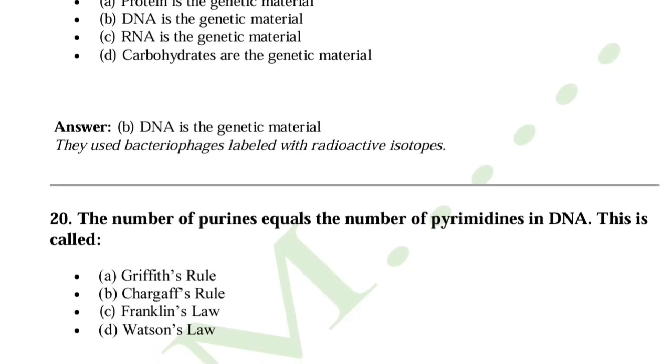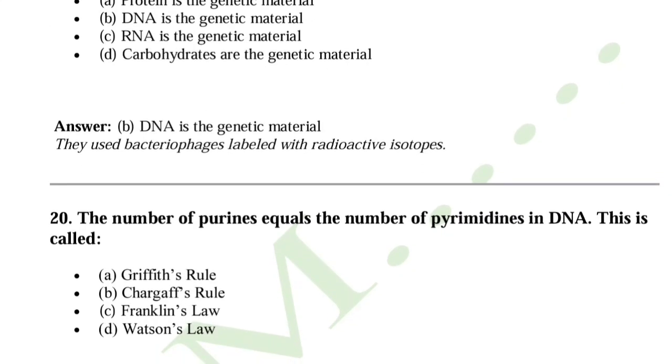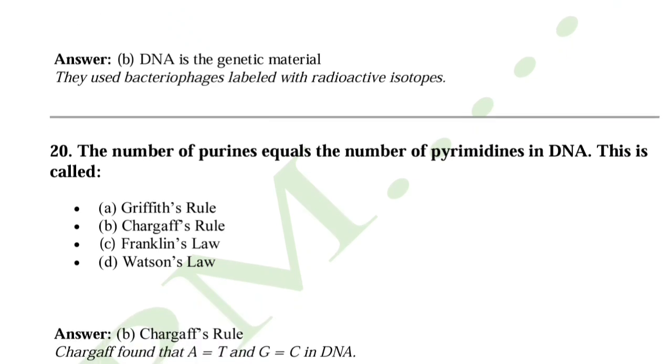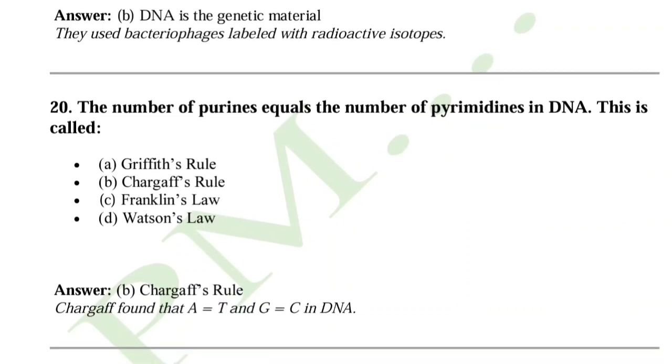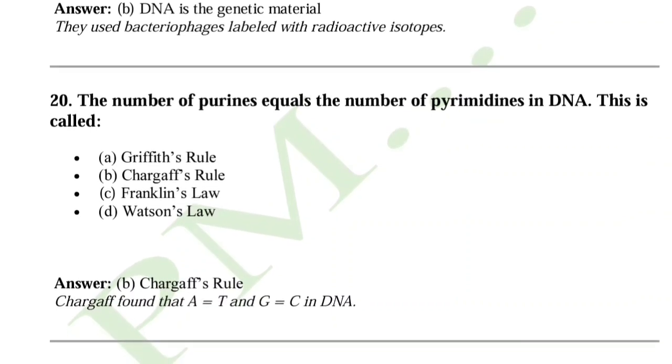Now come to question number 20, the number of purines equals the number of pyrimidines in DNA. This is called Chargaff's rule. Chargaff's rule says that the number of pyrimidine bases is always equal to the number of purines. Adenine always equals thymine and guanine always equals cytosine.